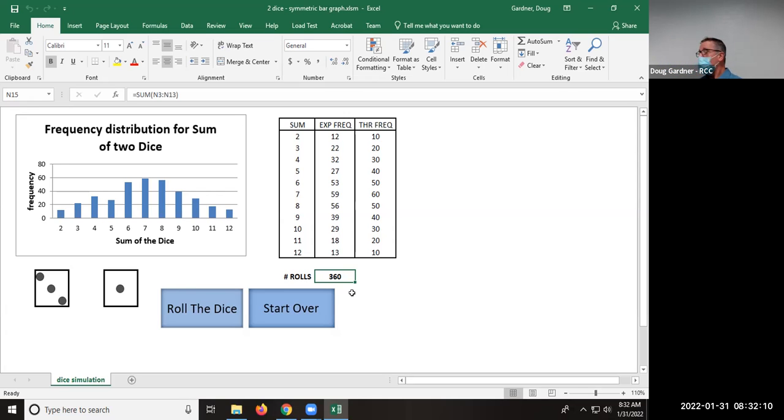Leave that number in your calculator and say times 360, since that's how many times we rolled. How many times would you expect then to get a 7? If you take 0.1666 or whatever it is times 360, sure enough, you get 60. So that's how I did this. In other words, that's where that experiment came from.